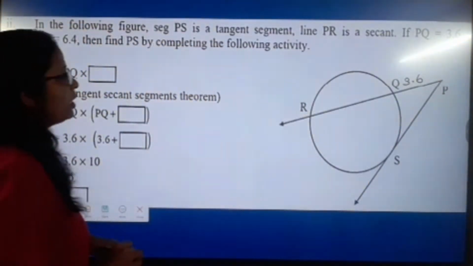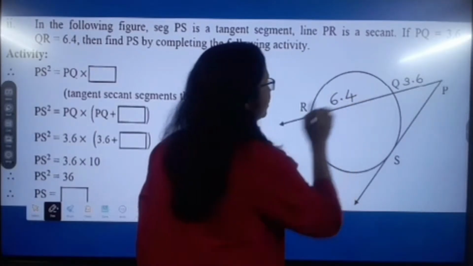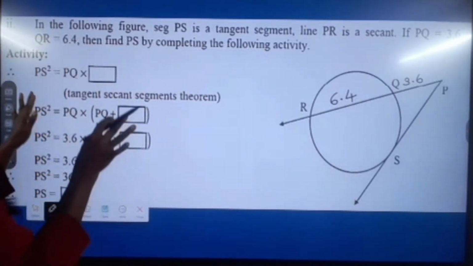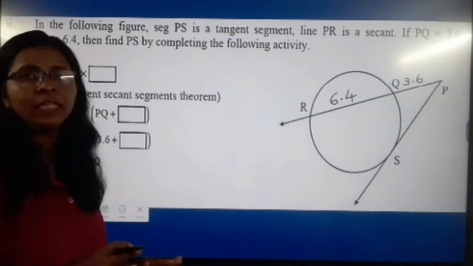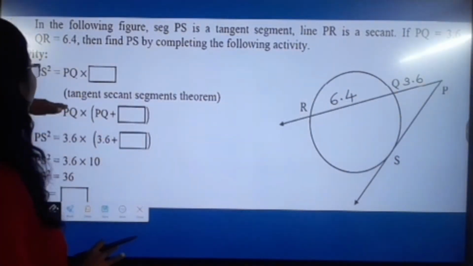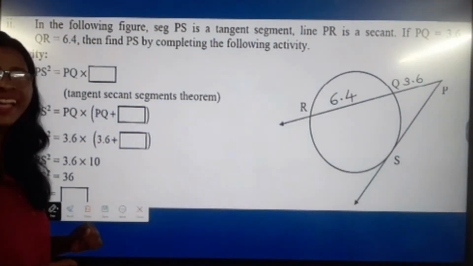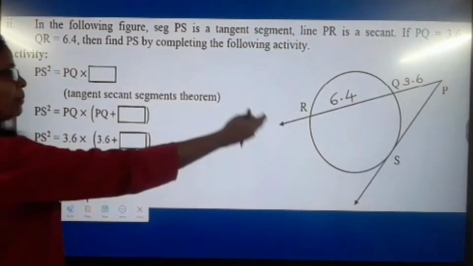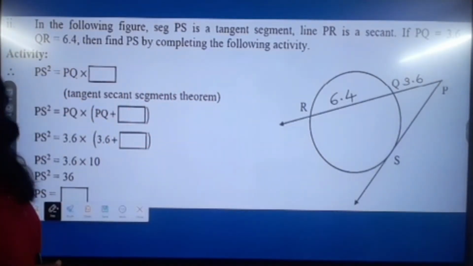Then QR is equal to 6.4, student. Now we have to complete this activity with the help of the tangent secant segments theorem. Yes, students. With the help of the figure, you also solve this activity, students.